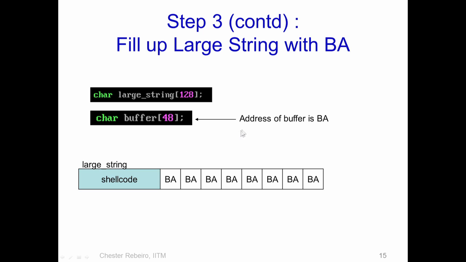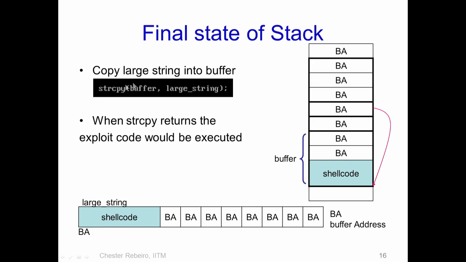Then he computes what the address of the buffer should be and fills the remaining part of the large string with the buffer address. Now, he needs to force the string copy to execute with this buffer and the large string which he has just created as shown over here.